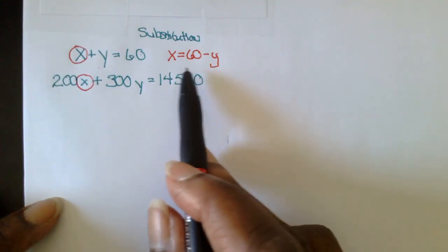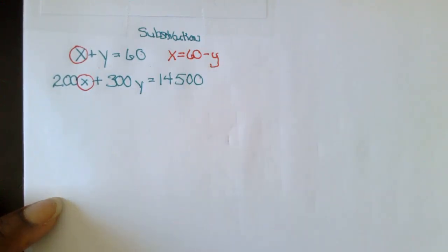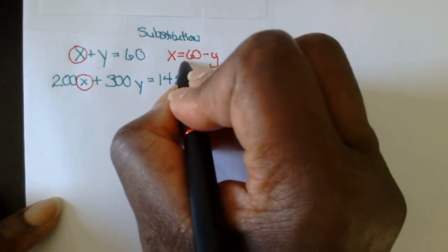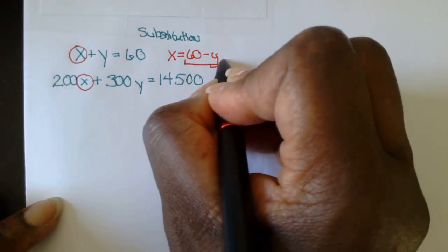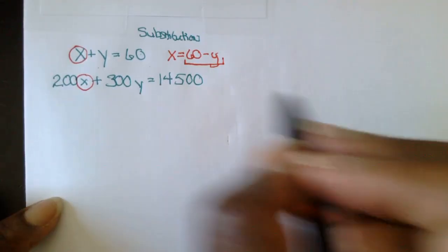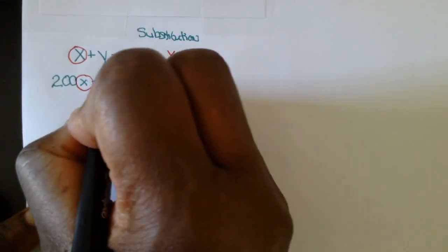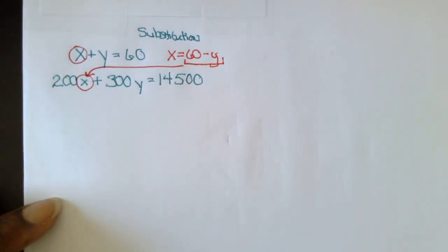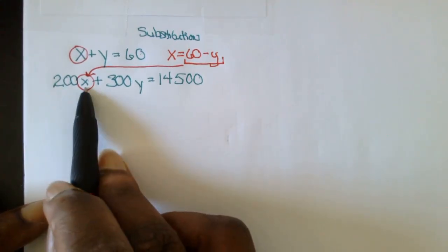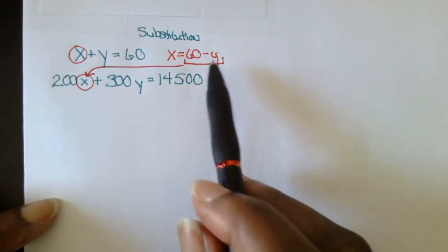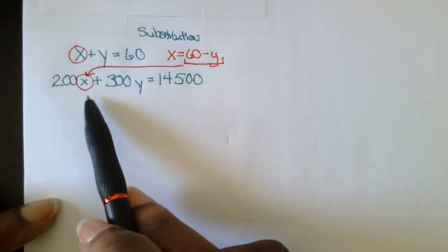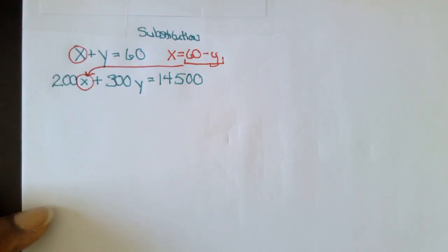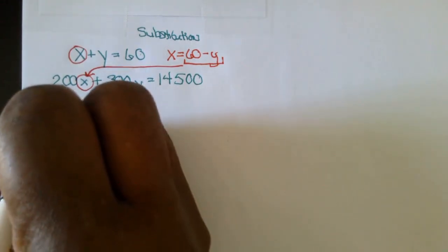The reason why I have it as X equals is because I'm going to substitute this expression, 60 minus Y, in the other equation for the X. So X is coming out of the game, 60 minus Y is going in. So it's going to look like this.